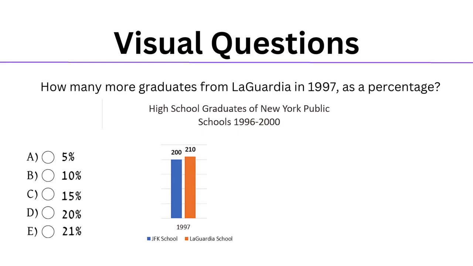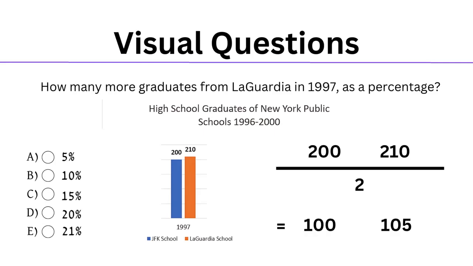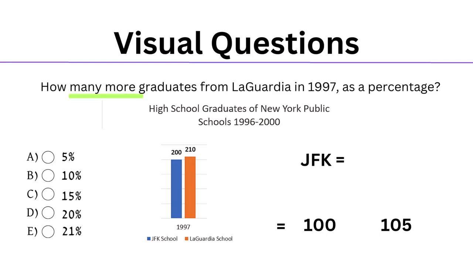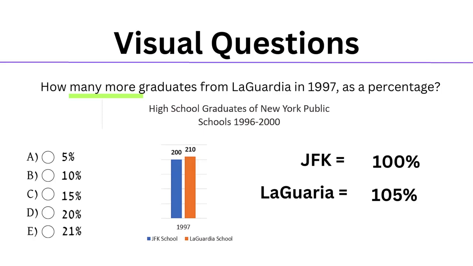In our case, 200 and 210 can both be divided by 2, giving us 100 and 105. As the question asks how many more graduates, we know JFK is 100%, so LaGuardia will be 105%, giving us the final answer A, 5%.